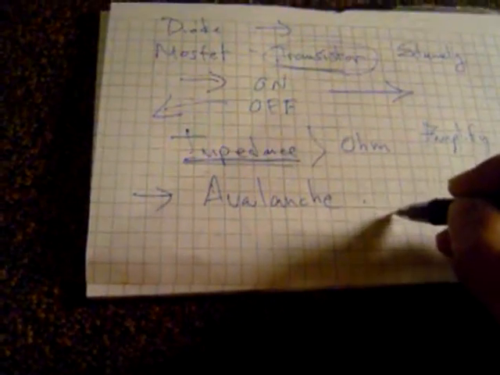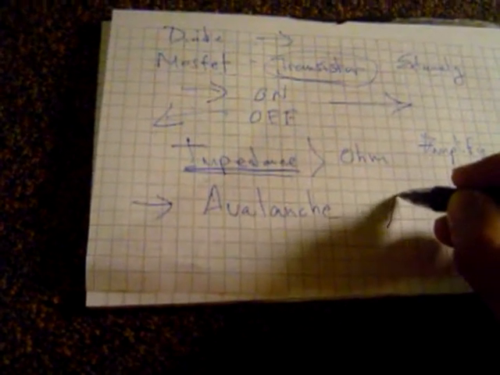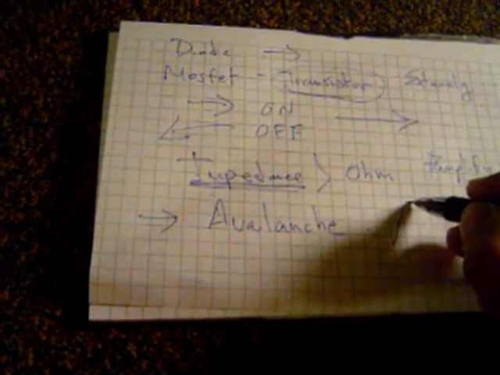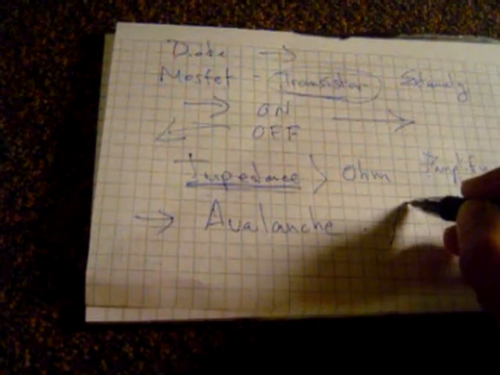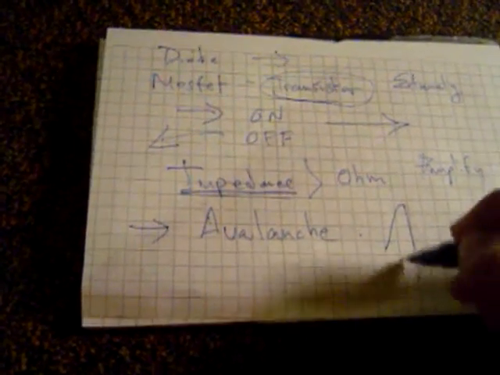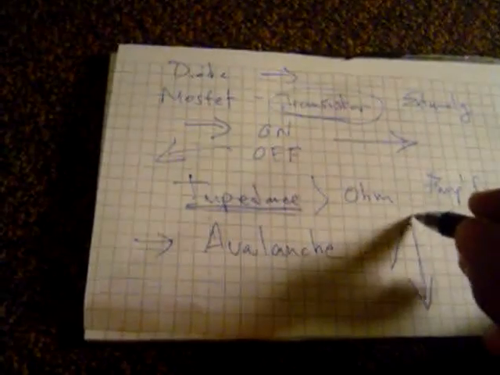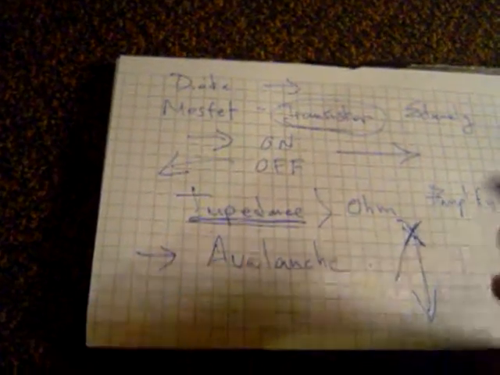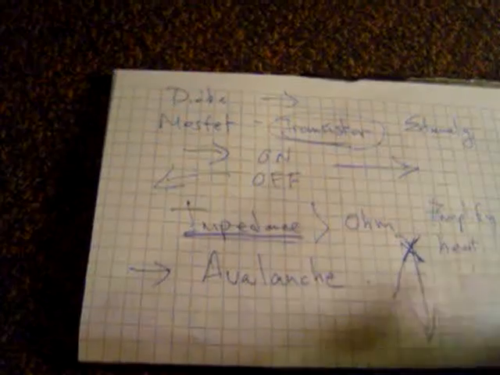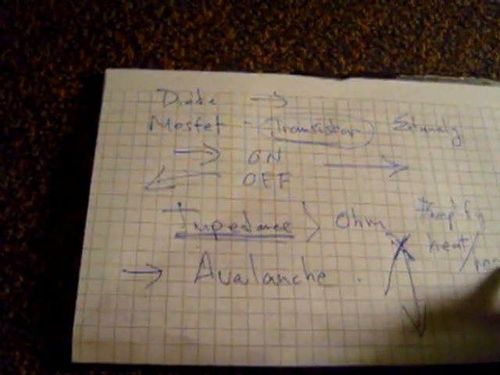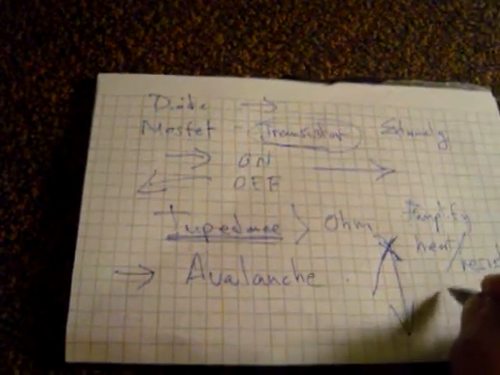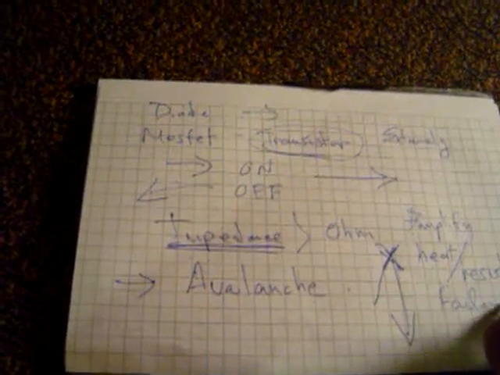I'm not going to go through what an avalanche is, but essentially what happens is, as the wave goes up, it hits this avalanche, and then it basically goes straight down. It bottoms out. In other words, there's a threshold right here where the heat and the resistance cause failure.